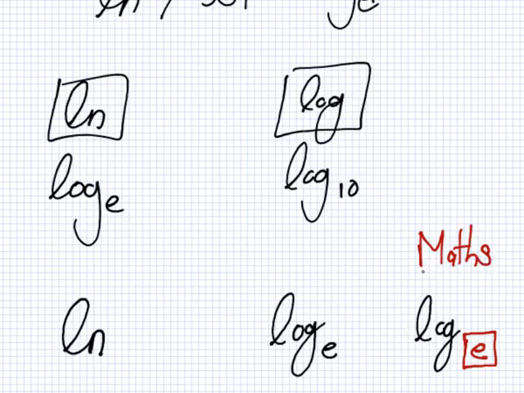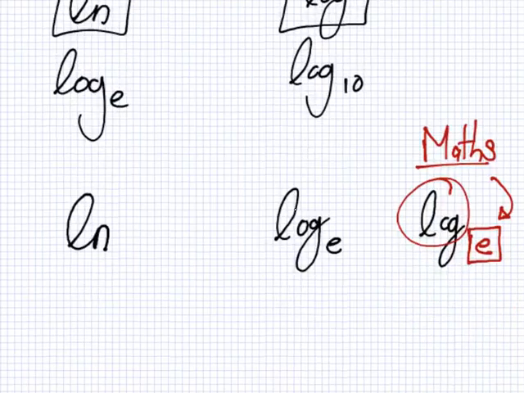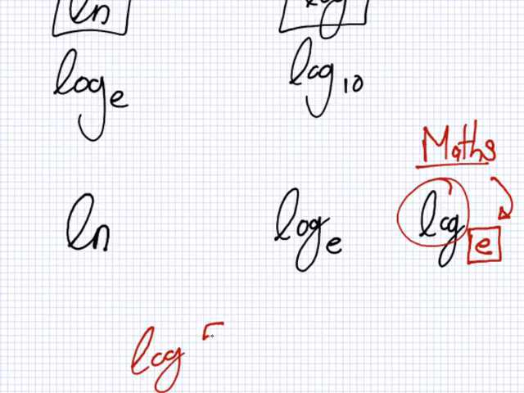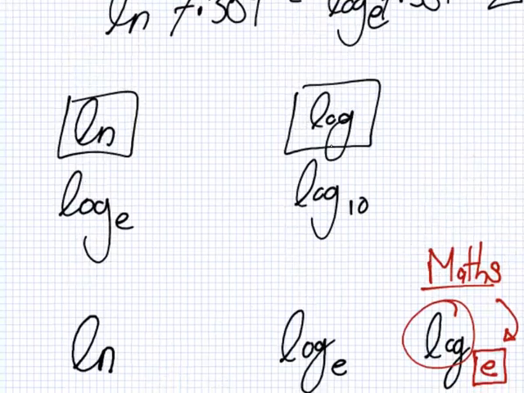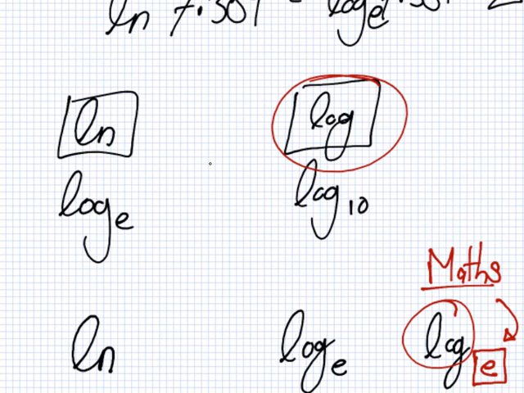So in maths class, if they just write log, you can assume it's base e. So what will happen in the exam is you'll get a question like log 5, and students say, oh, log 5, okay, so I'll hit this button, and then they'll get the wrong answer, because really, it's still this.